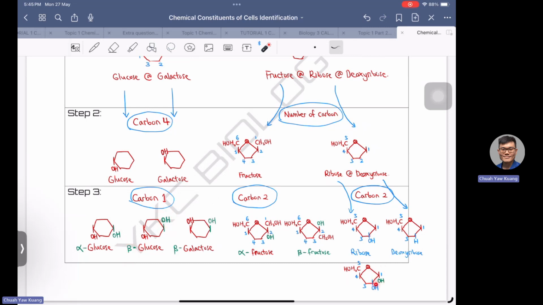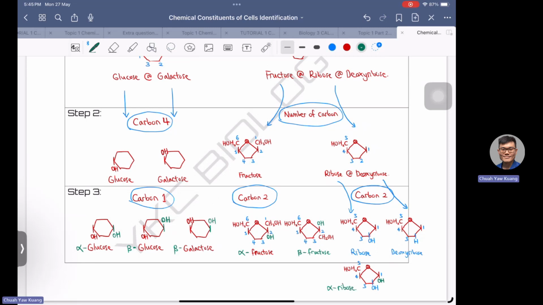Bottom plane, then it is alpha ribose. If it is at the upper plane, then it is considered as a beta ribose. Same thing goes to the deoxyribose also. We will look at their carbon number 1. Okay, so for this one, since OH is at the lower plane, then we will say this is an alpha ribose.